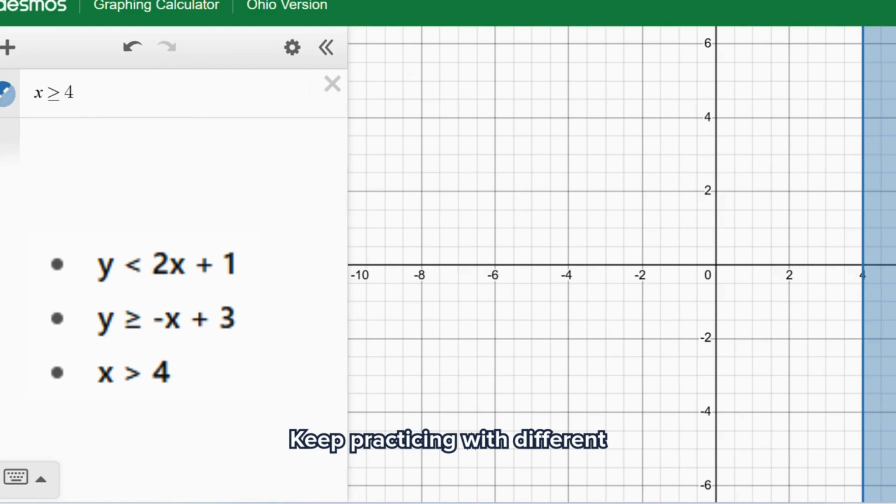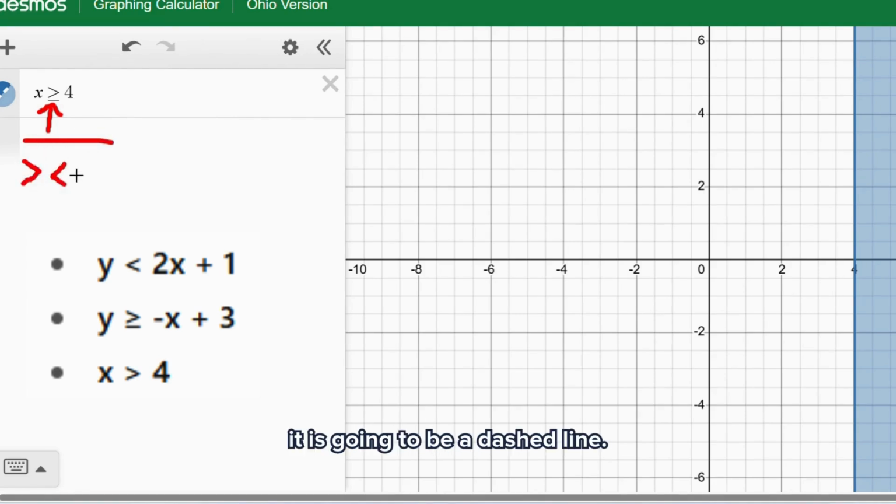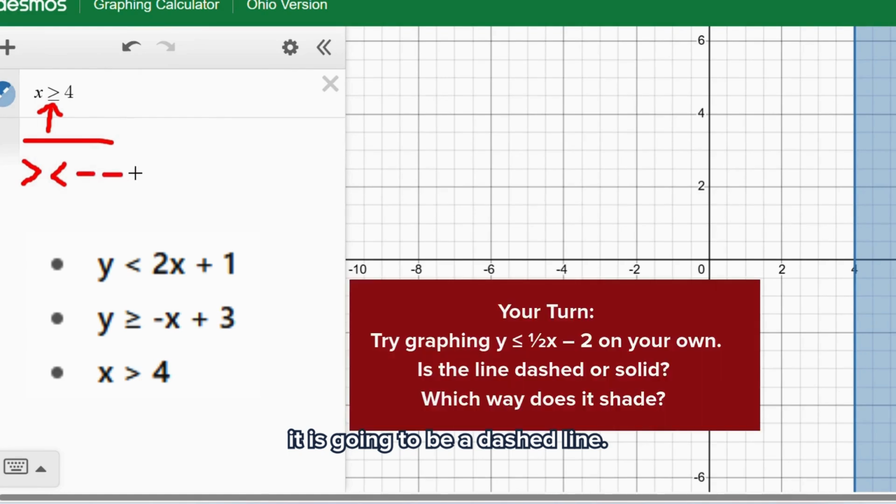Keep practicing with different inequalities and pay close attention to whether the line is dashed or solid. Remember, if it has the equal sign underneath, it's going to be solid. If it's greater than or less than, it's going to be a dashed line.